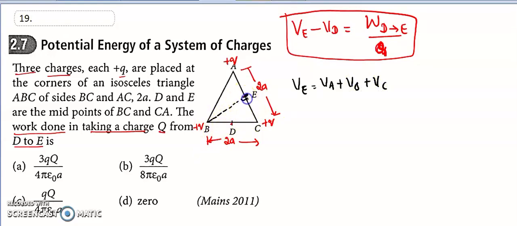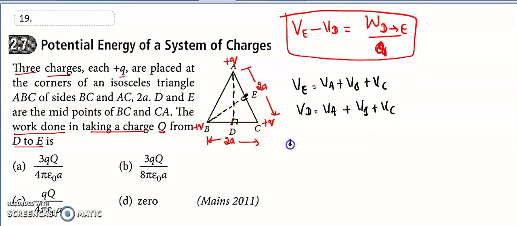Similarly, what is the potential at D? Potential at D is also the potential due to A plus B plus C. Potential due to A, this is 2A, the hypotenuse. So what is the Pythagoras theorem?